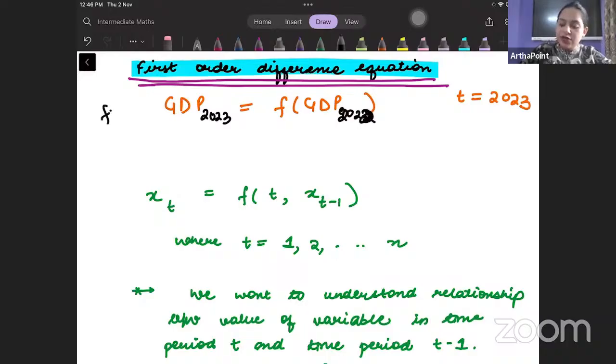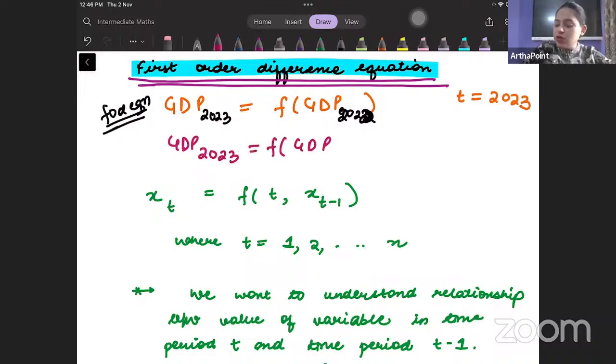So beta, this is a first order difference equation. And when I tell you GDP of 2023 depends on GDP of 2022 and the GDP of 2021, then you get a second order difference equation.